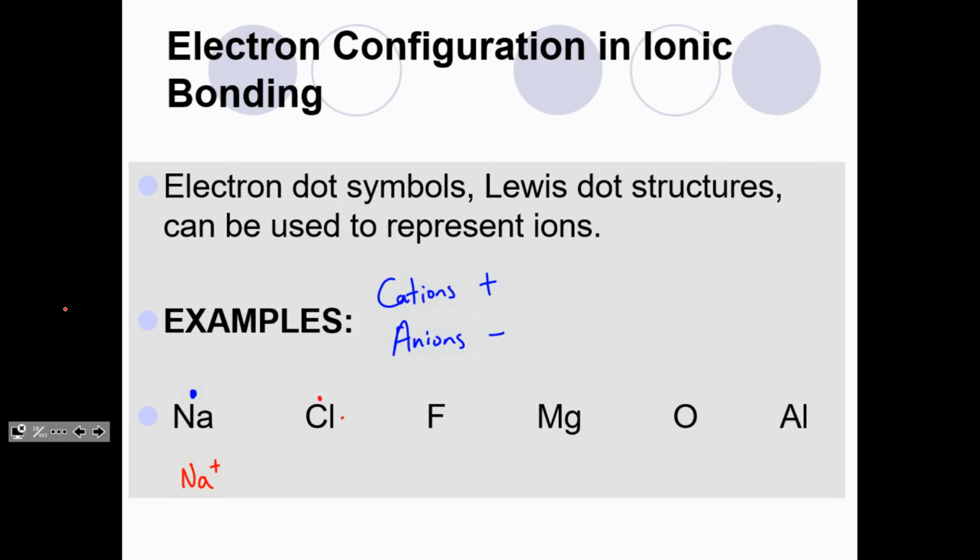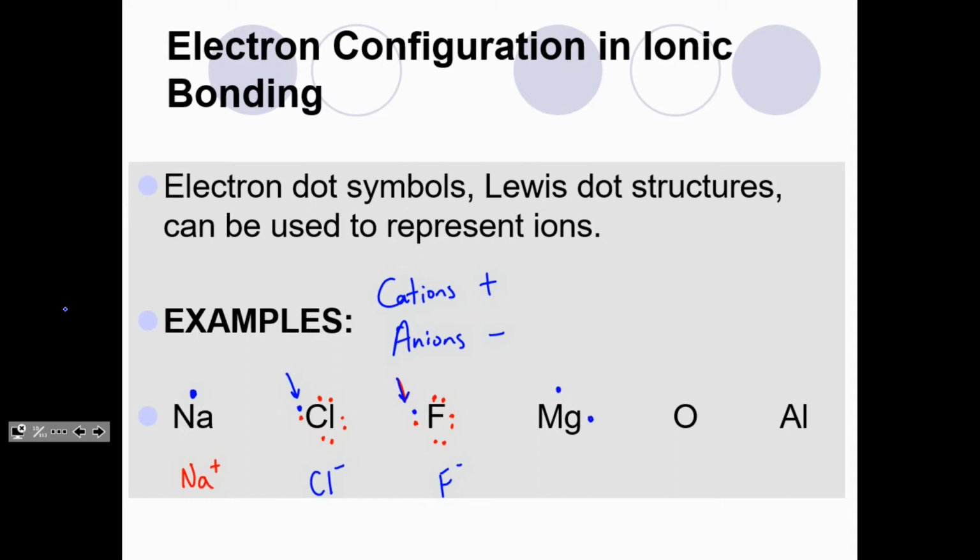Chlorine, 1, 2, 3, 4, 5, 6, 7, it's going to pick up an electron to become Cl minus. Fluorine will do the same. It will pick up 1 electron to become F minus.